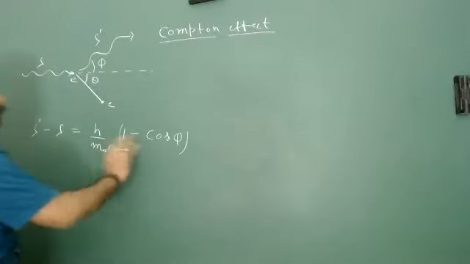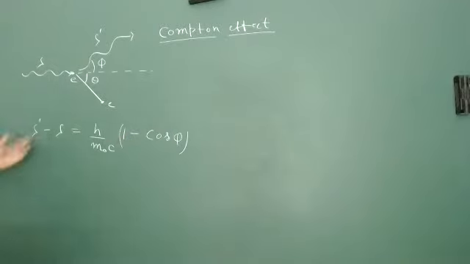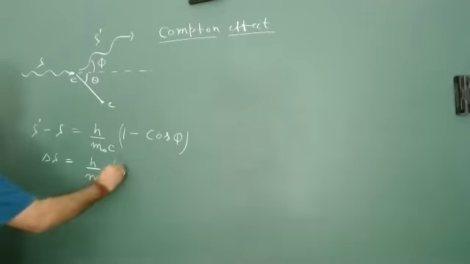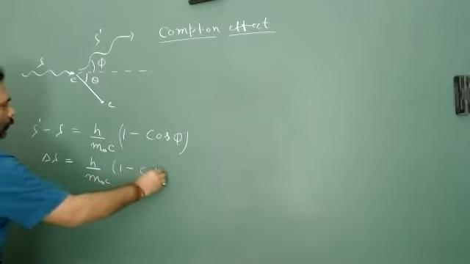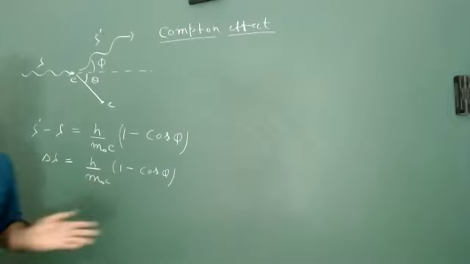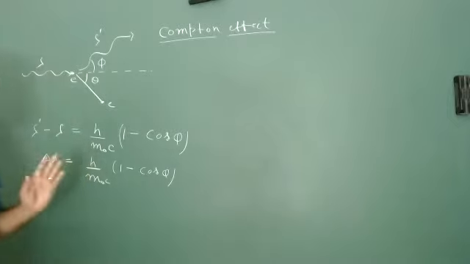This is the first observation, and basically we have delta lambda is equal to h upon m naught c times 1 minus cos phi. And we have seen that this delta lambda is independent of the incoming wave.